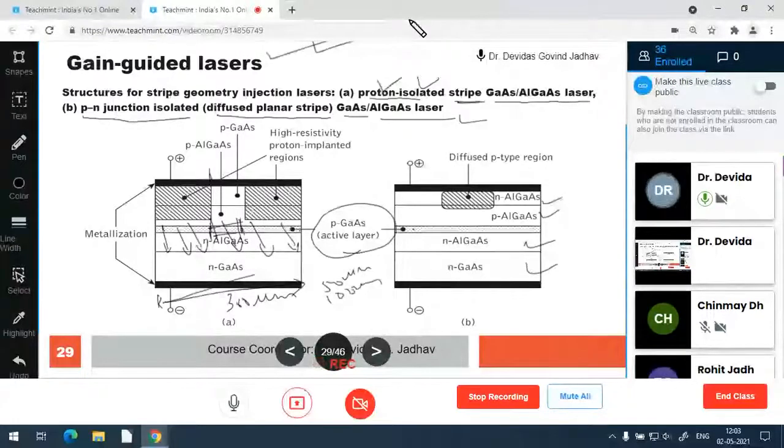So this is the P and this is N. Positive is connected on this side, negative is connected on this side. So with positive connected to this N, this becomes reverse biased, because negative from this side to P is coming, particularly for this junction, negative coming here and positive coming to this N side. So this junction becomes reverse biased.